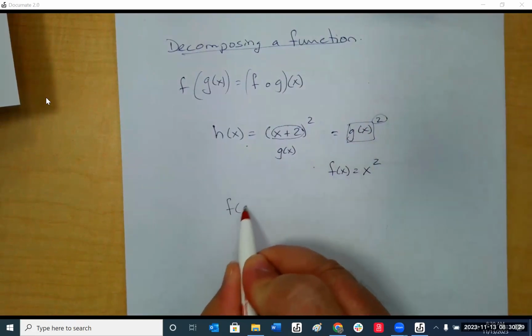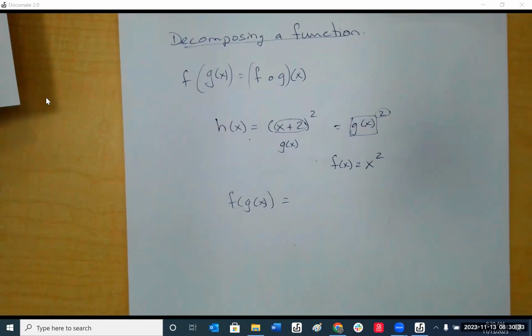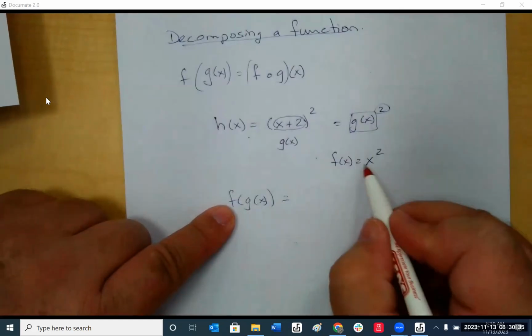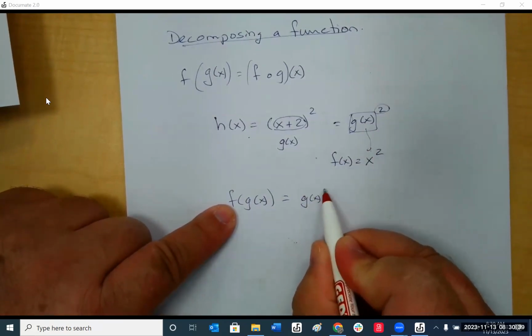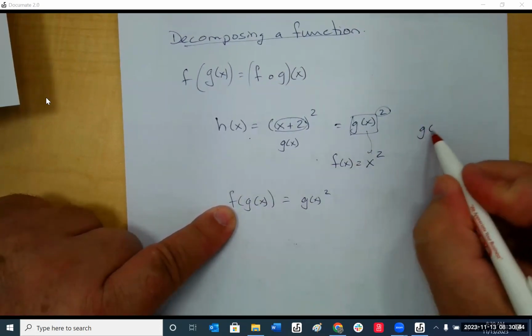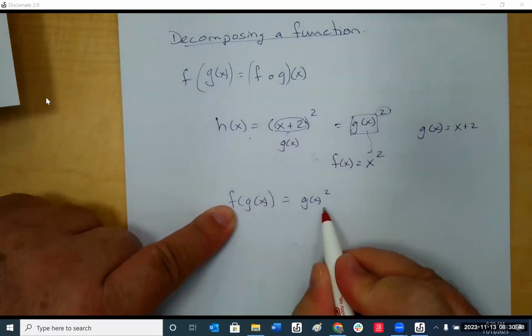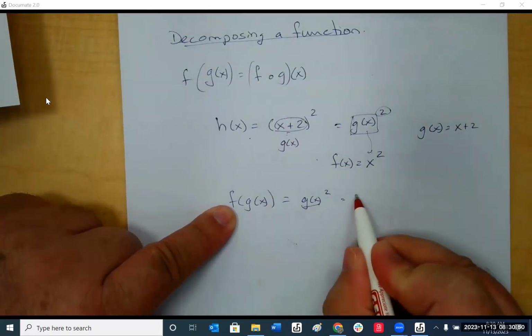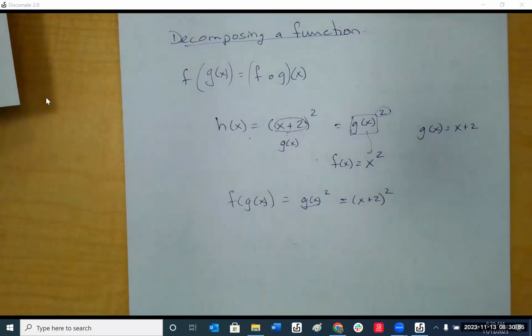So f of g of x would be anywhere I see an x, I put a g in its place. And g of x is the internal x plus 2. So here's g of x. It is x plus 2 squared. That's the hardest part, is finding what part is the inner, what part's the outer.